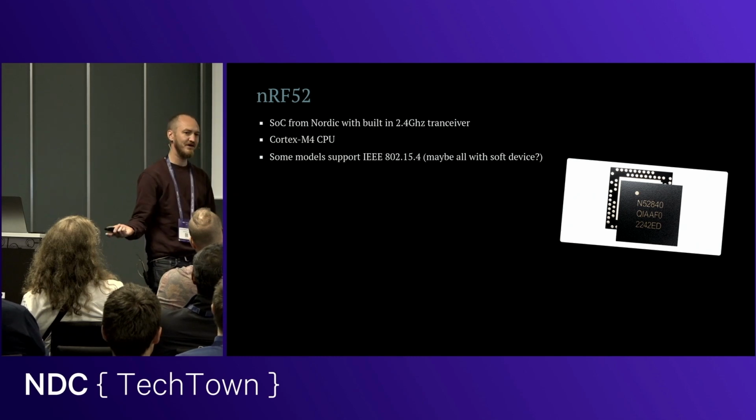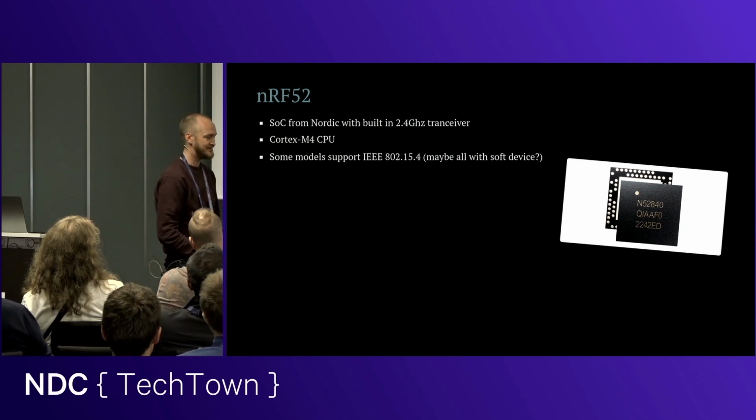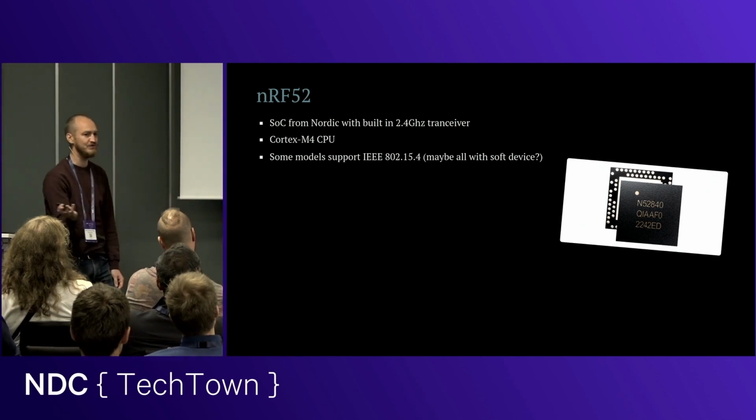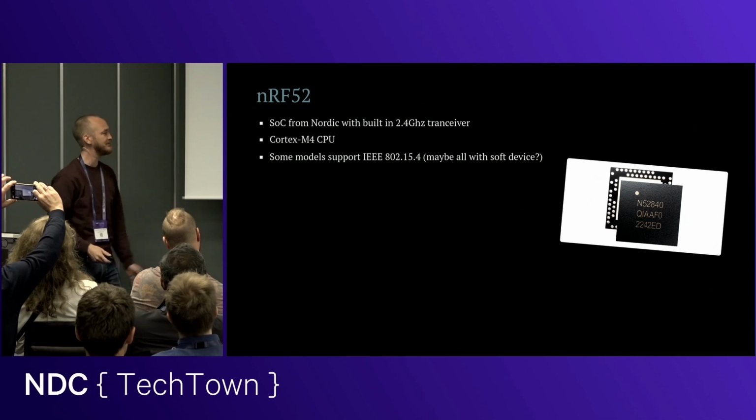It's not supported on all nRF52s, so just a heads up if you're trying to do this yourself. I tried to use the nRF Thingy, and it doesn't support it, so I had to make my own hardware.